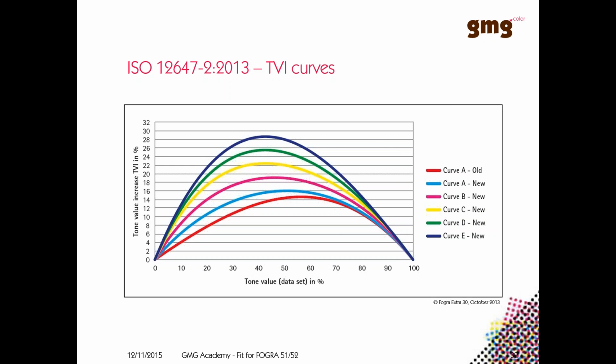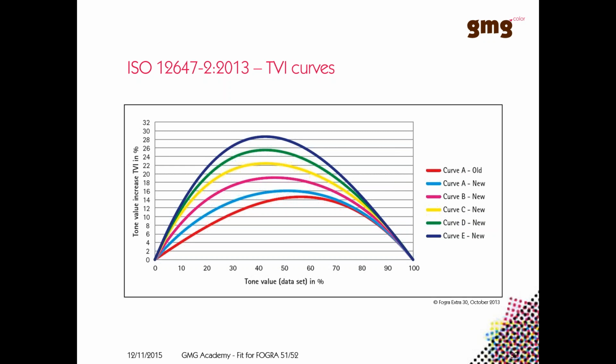One other important aspect that has been modified from earlier versions of the ISO 12647-2 is that now we describe C, M, Y, and K to have the same TVI curve. In the past, the black channel was always described to be higher with its TVI than the other process colors, which was mainly caused by the derivation of the black channel as such.